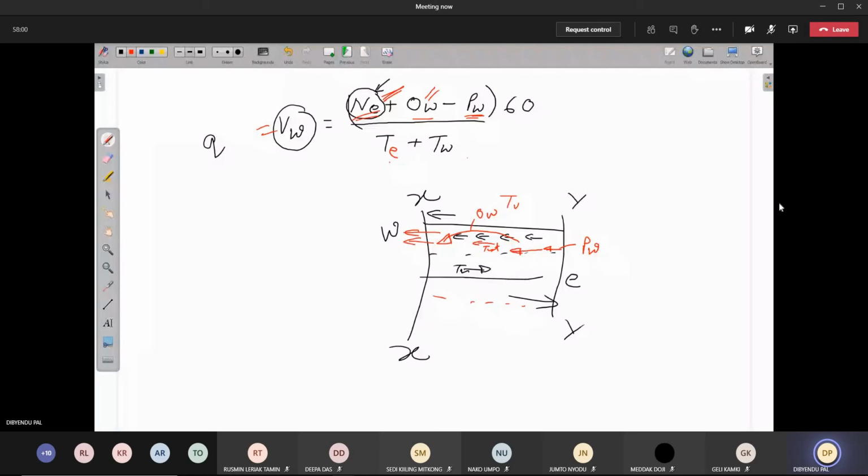Okay, and after that, from here the time is derived. Directly they have given the equation: T bar W by 60 is equal to TW by 60 minus (OW minus PW) divided by BW. This is the equation, and then you have to multiply here also by 60.